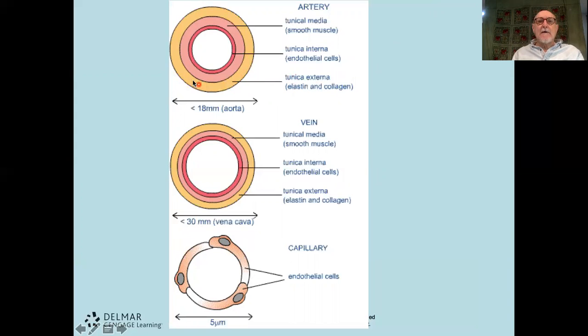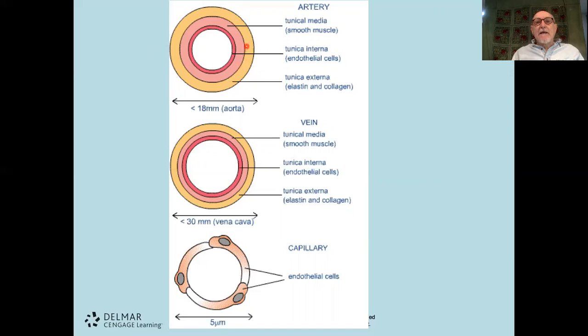It's the outer layer, and it is composed of very tough connective tissue. And especially in the case of the arteries, it is structured so that it maintains the volume of the blood vessel in conjunction with the action of the muscles inside here. It's responsible for maintaining the pressure of the blood as it passes through the blood vessels.